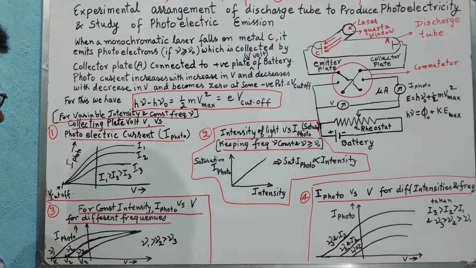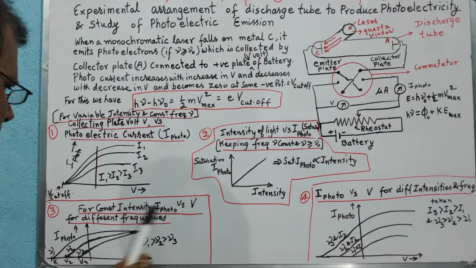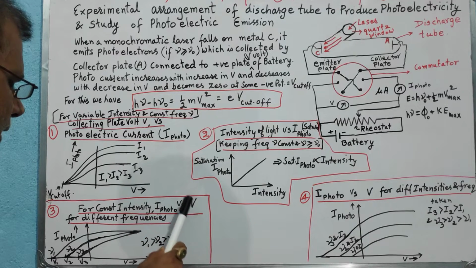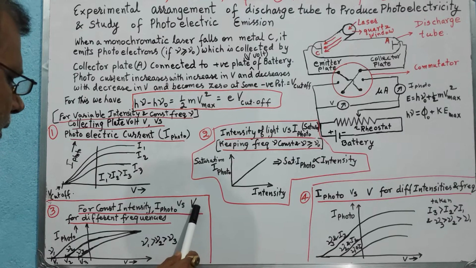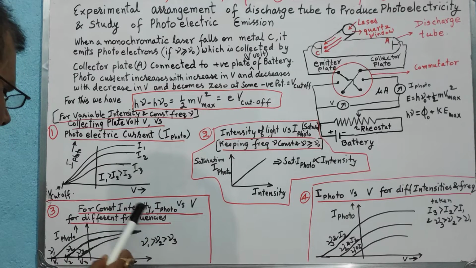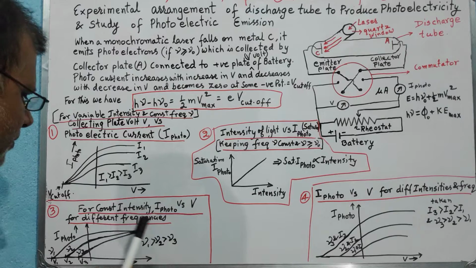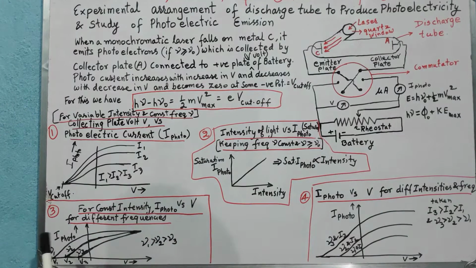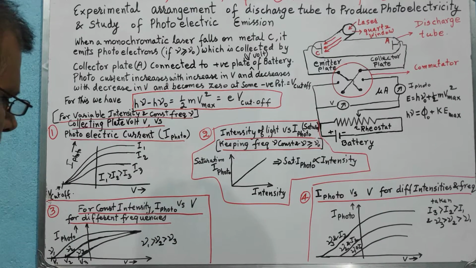Now we talk about the third graph, photocurrent versus collector plate potential, when intensity is kept constant and frequency is varied. When the intensity is constant, the saturation current will be fixed.